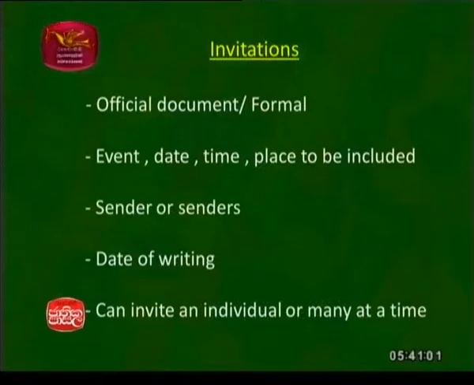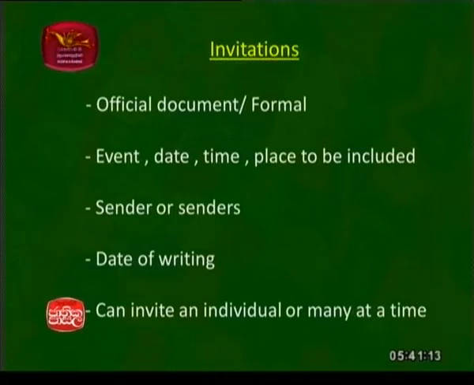Okay. So an invitation is an official document. It's very official, very formal, and event, date, time, place have to be included. There is one sender, or there can be many senders.